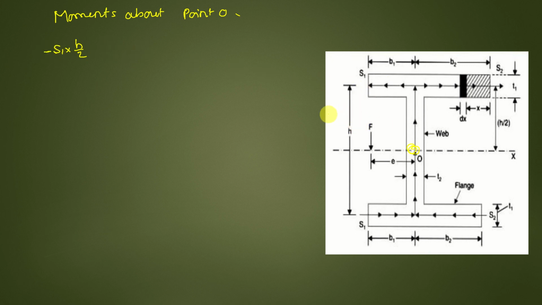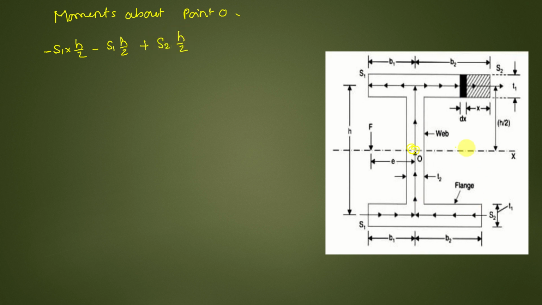Anti-clockwise I am taking as minus, clockwise as positive, or you can take them in reverse, no issues. Here also S1 into h by 2 from the bottom, that is also an anti-clockwise moment, minus S1 into h by 2, and there is S2 into h by 2, that is clockwise, so I'll put it as plus S2 into h by 2.